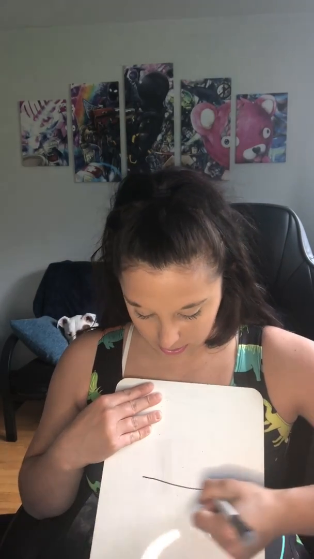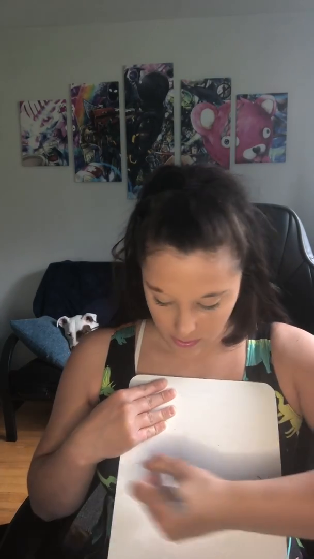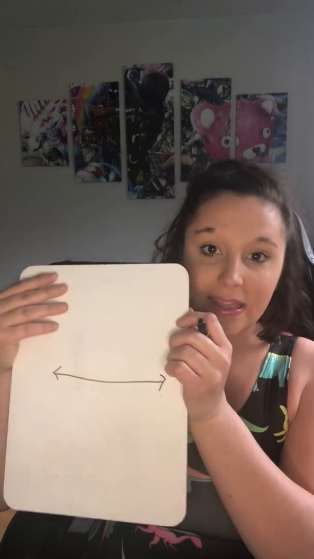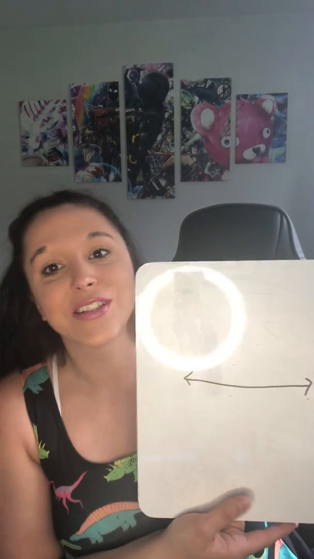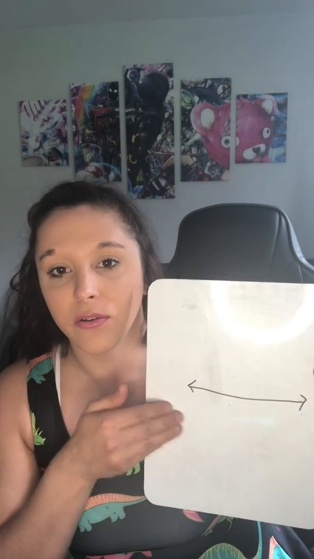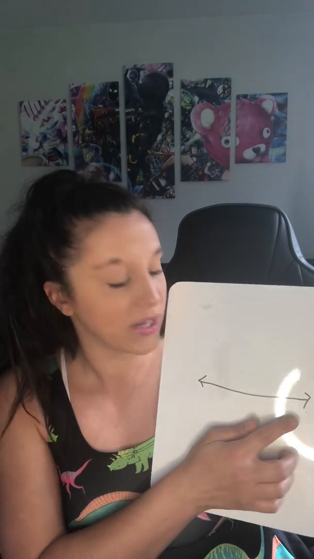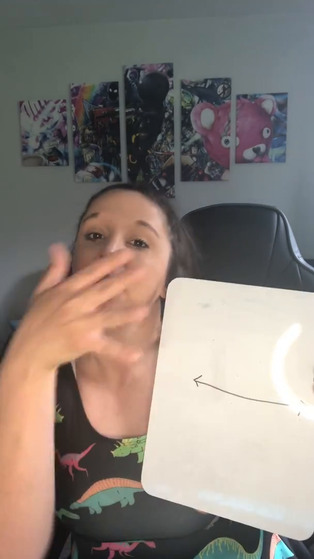Now a line has arrows at the end because it goes on forever. Wow, that line is not straight. So a line goes on forever in both directions, and it labels that by putting the arrows, meaning it continues on. They're just drawing this part of it, and they label that as well.